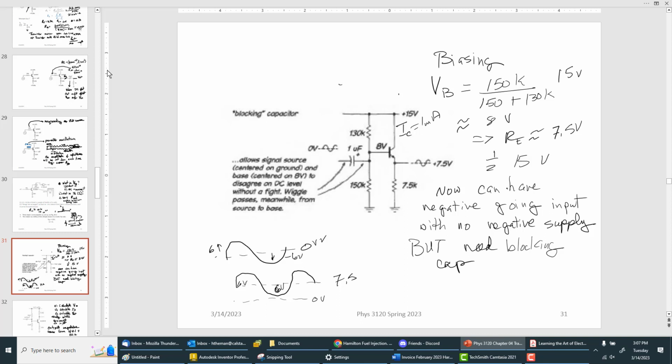Because really, we very rarely care about DC levels and amplifying DC levels. We're much more interested in amplifying things that wiggle, either randomly or unpredictably, at least initially, or of course in a predictable manner, like a sine wave, or like a song or a voice or something like that.